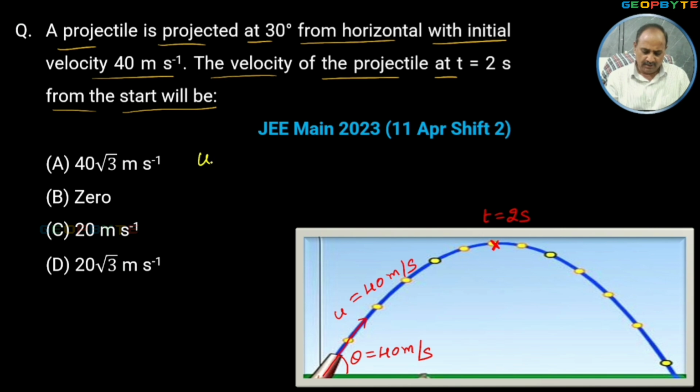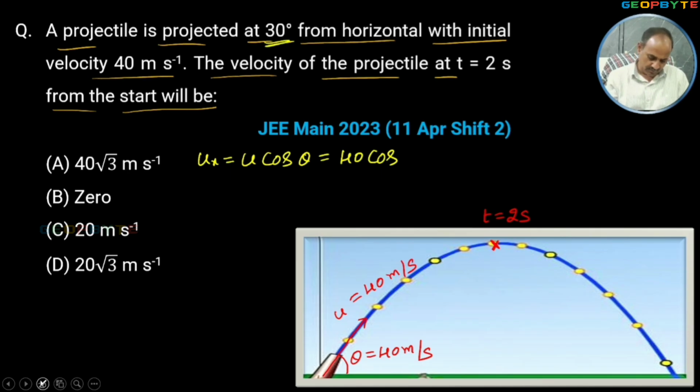That horizontal component of velocity ux equals u cos theta. U is how much? 40. Cos 30, right? One minute, you should be very careful. Theta is 30 degrees.